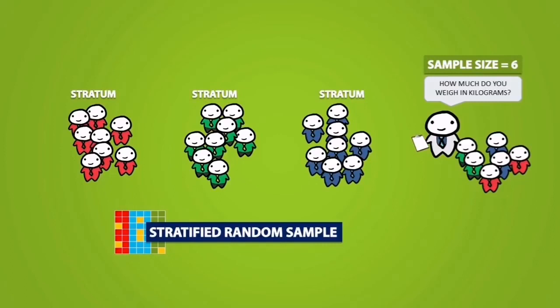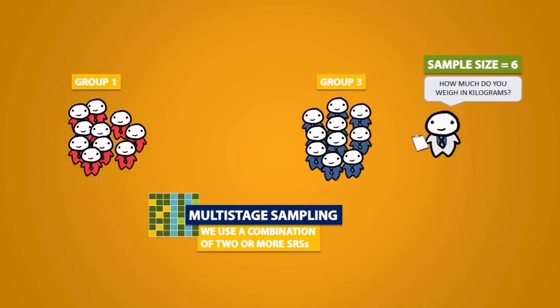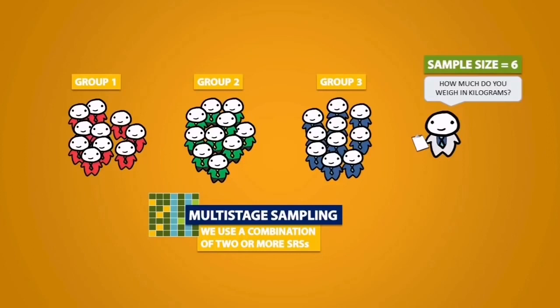The last type of sampling is called multi-stage sampling. For multi-stage sampling, we use a combination of 2 or more simple random samples. As the name suggests, multi-stage sampling means you have to go through different stages to find where your sample comes from. For example, if we have 3 groups, stage 1 could be selecting which group will be picked using an SRS.